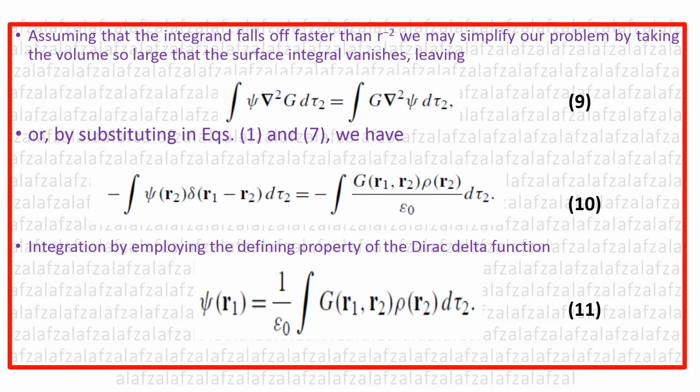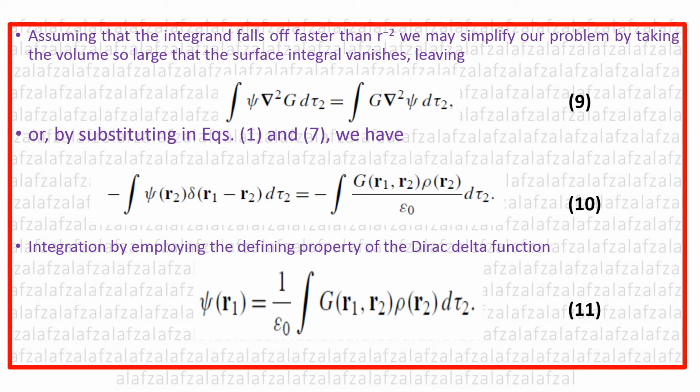On substituting this in equations 1 and 7, we have, substituting the value of del square g, delta r1 minus r2 d tau 2 is equal to minus g into, instead of this value, we put the value rho of r2 by epsilon 0, into d tau.